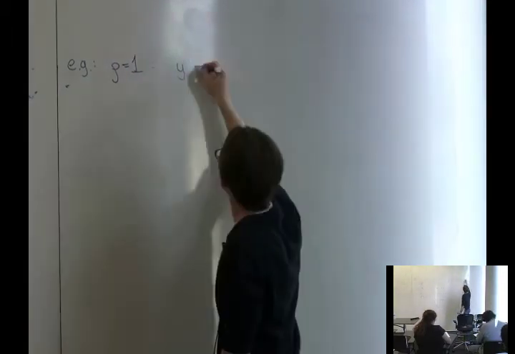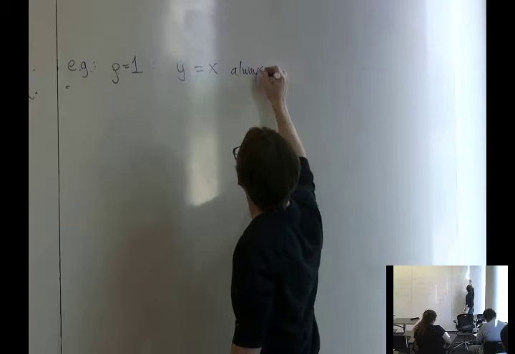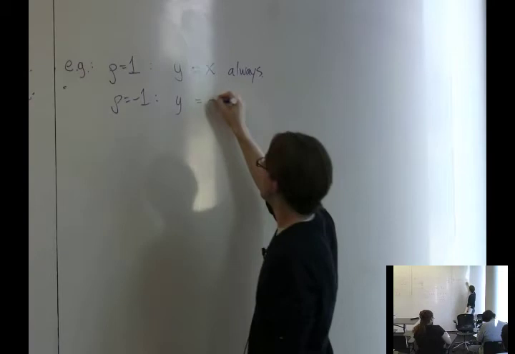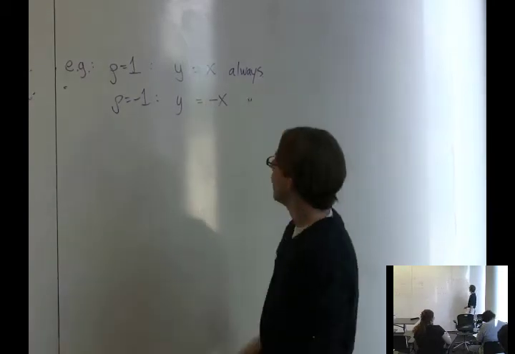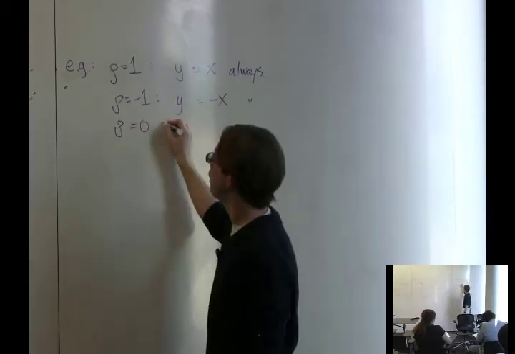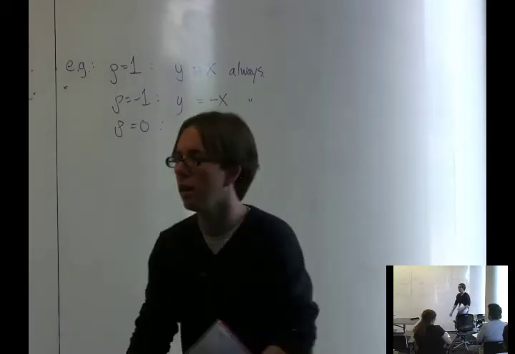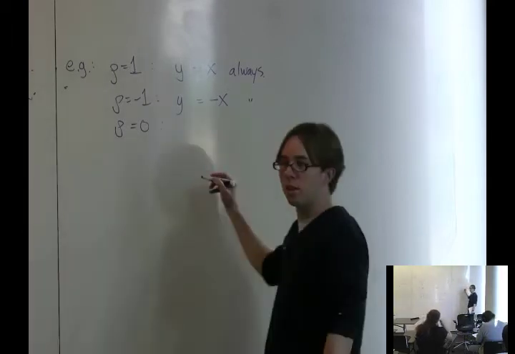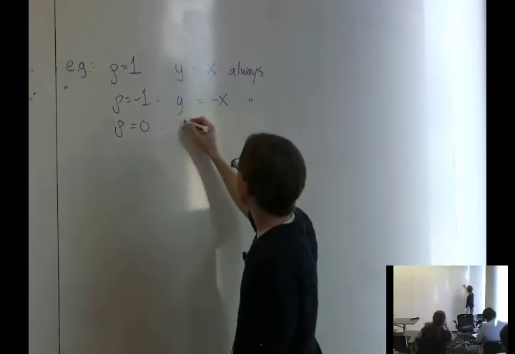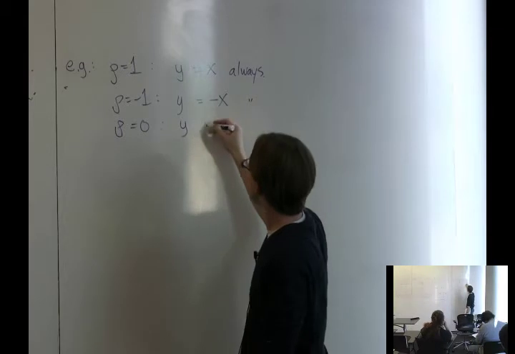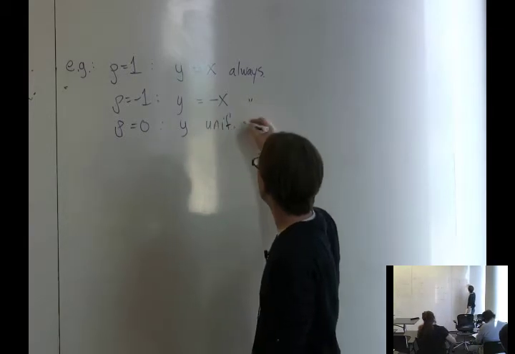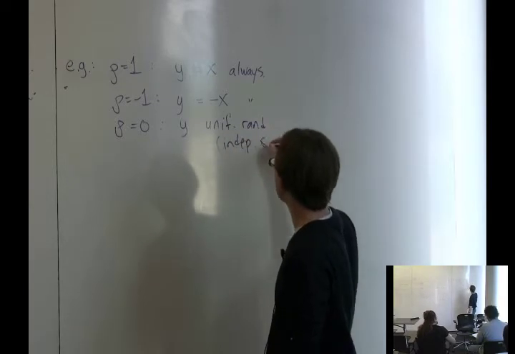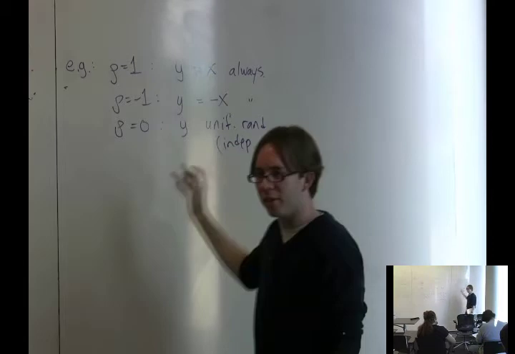Right, it's always equal to x. Similarly, if rho is -1, y is always equal to -x. And what if rho equals 0? Yeah, but stronger than that, they're independent. So y is independent of x, and it's uniformly random. Well, x is not a random variable, so I just mean, in the colloquial sense, independent of what x is.